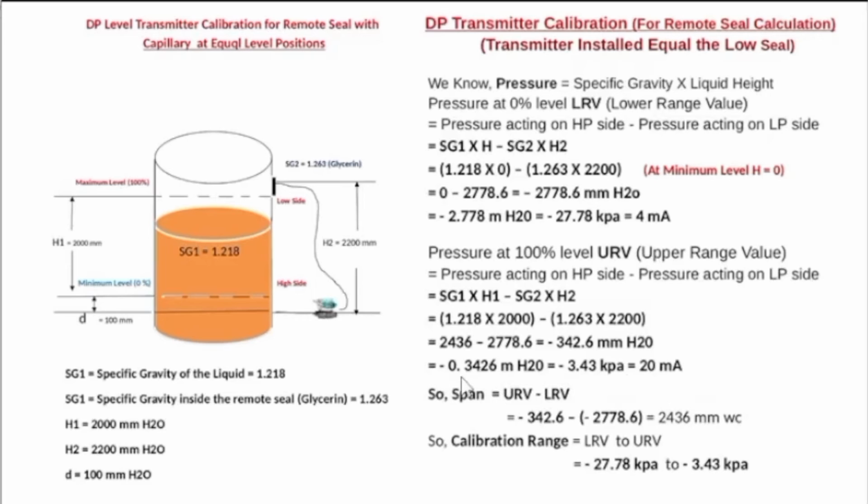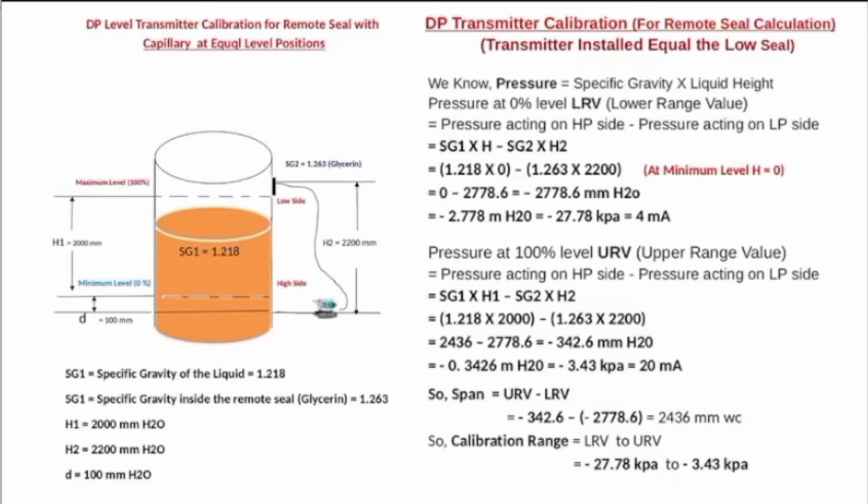Here is minus 0.3426 meter water column, that means minus 3.43 kPa, and the span is 2436 millimeter water column. So calibration is minus 27.78 kPa to minus 3.43 kPa. It is almost the same.